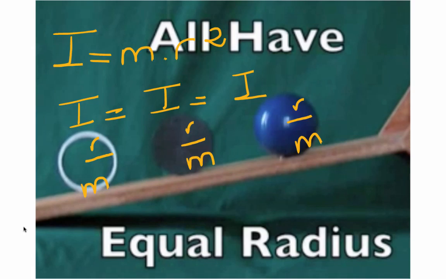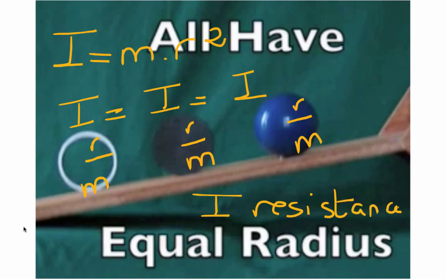Since we know that I is the resistance to rotate, all of them will resist in the same way and will come down this ramp with the same speed, since all of them have the same I. Let's see what the experiment will reveal.